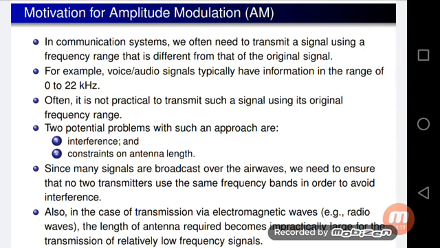Two potential problems with such an approach are interference and constraints of antenna length. Since the signals are broadcast over the airways, we need to ensure that no two transmitters use the same frequency bands in order to avoid interference.